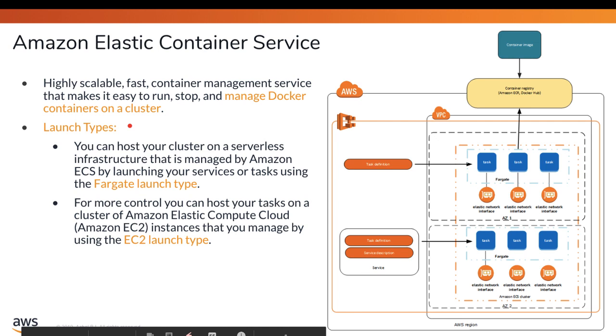So basically, as we said, it's a managed Docker container service on a cluster. So ECS is just Docker containers in a cluster. It has two launch types: one is the Fargate launch type, and another one is the EC2 launch type. If you're looking for clusters on a serverless infrastructure, you could choose Fargate, where Amazon ECS manages the server infrastructure.